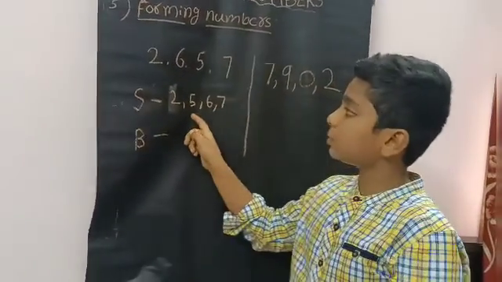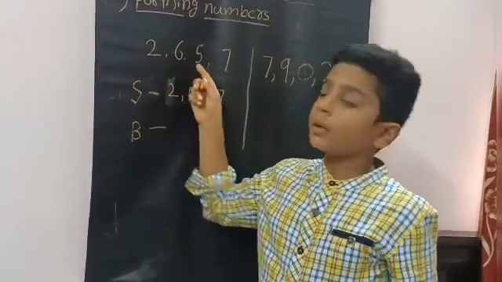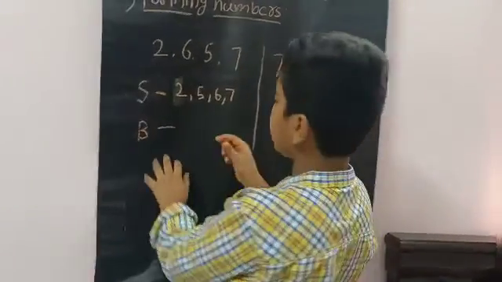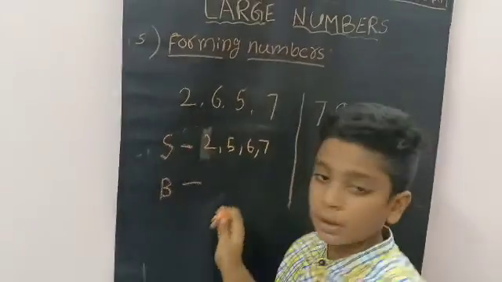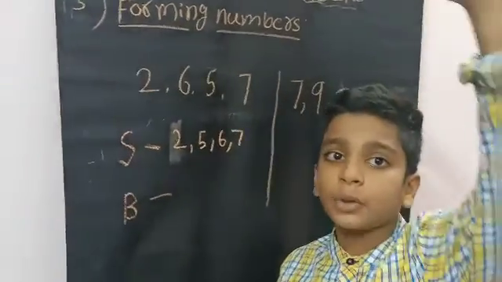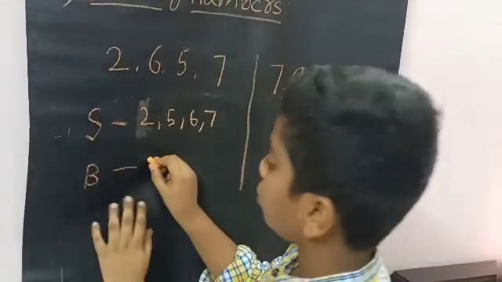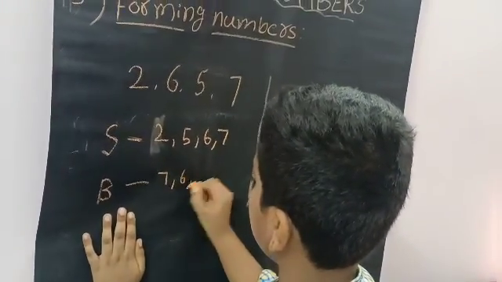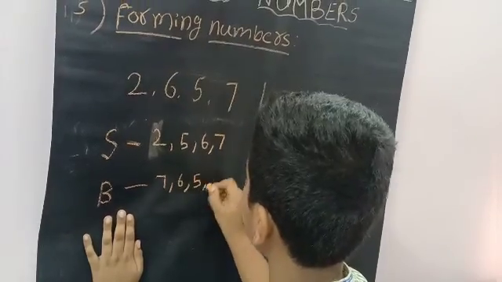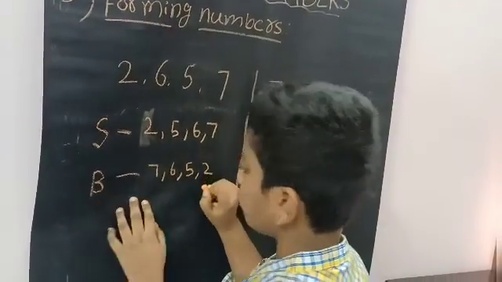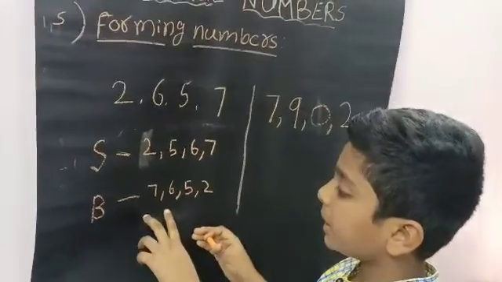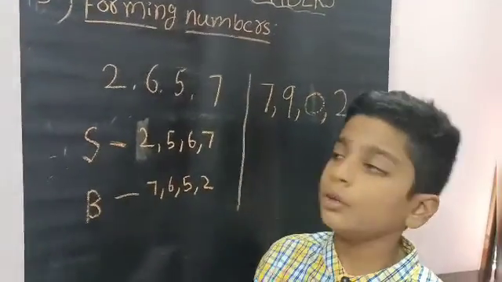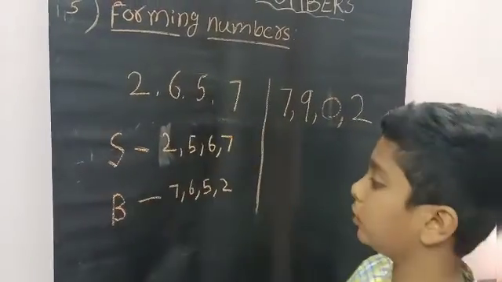So this is the smallest number we can write with these digits. And the biggest number is, if you write in descending order, means big to small. So 7 is the first biggest, next 6, next 5, and next 2. So this is the biggest 4 digit number using these 4 digits.